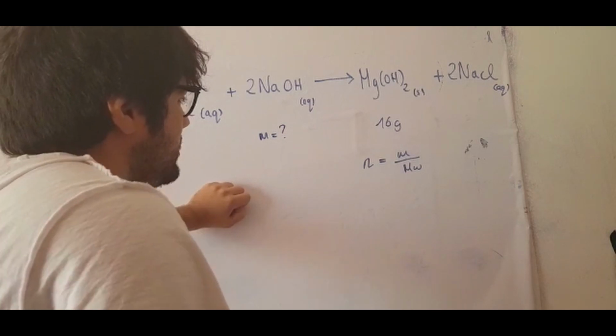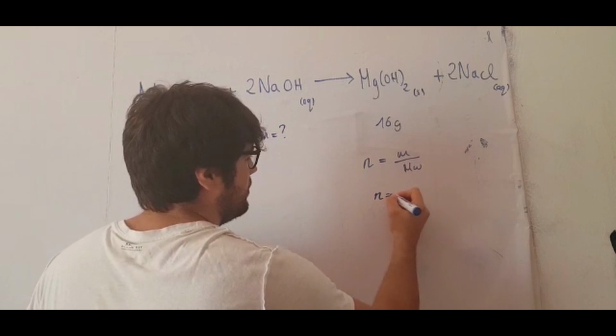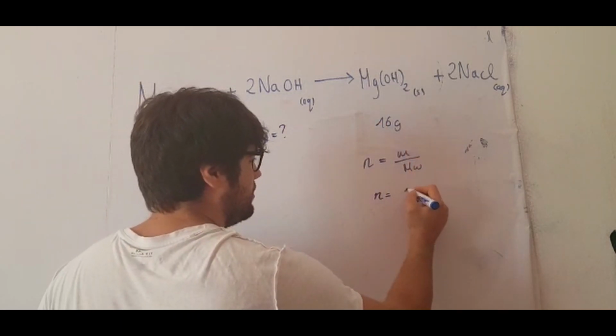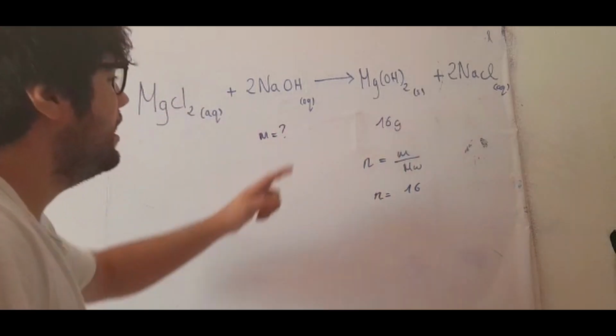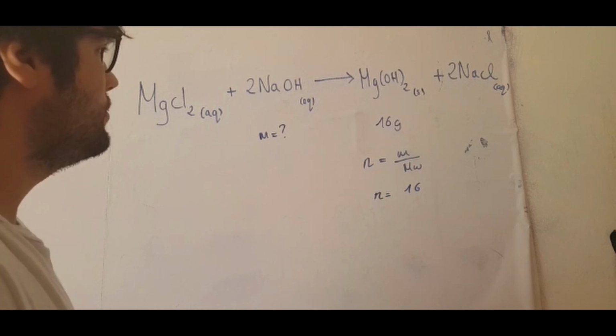Okay, so basically this is really easy. The mass is 16 grams, so I'll put this here. And the molecular weight of magnesium hydroxide, we have to calculate it.